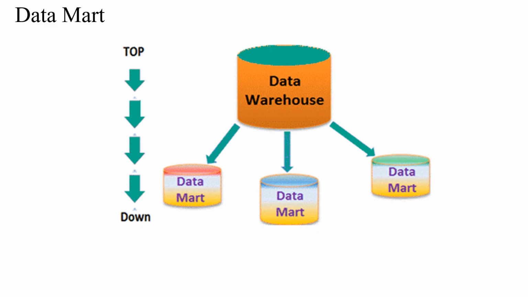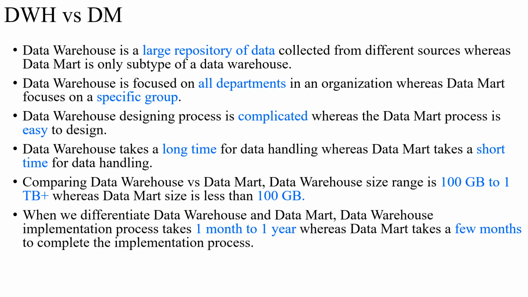So likewise, we can have n number of data marts, but each data mart belongs to only one type, one category, whereas data warehouse is a blend of different categories. Okay, so this is data warehouse, and this needs a big storage, but this needs little storage because it is limited only for a particular category. It has various categories. So let's see the difference between data warehouse and data mart.